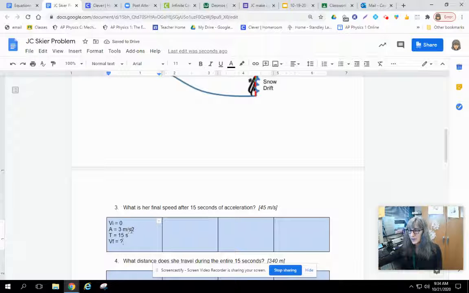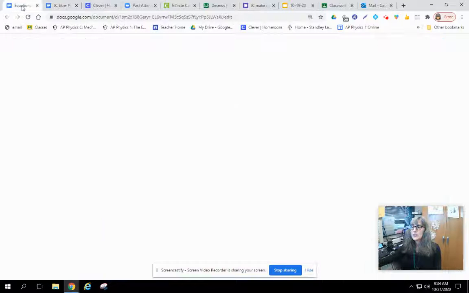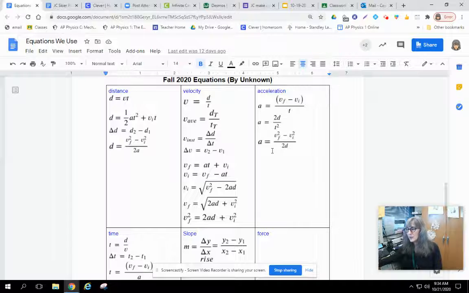So we need an equation that'll help us find V final. We've got 2 of those. If we go into the equation sheet, and remember, I like the second page more than the first page because it divides it out by what we're solving for. For VF, we have VF equals AT plus VI. That's one of the VF equations that we have.